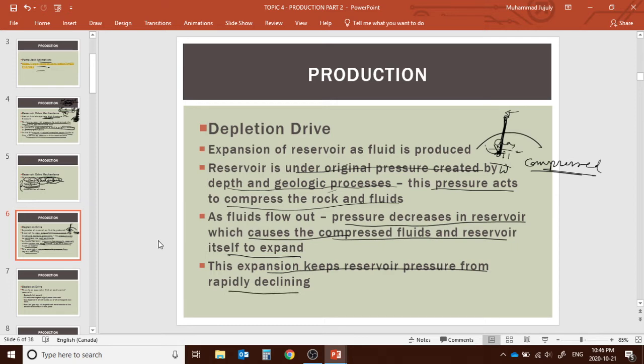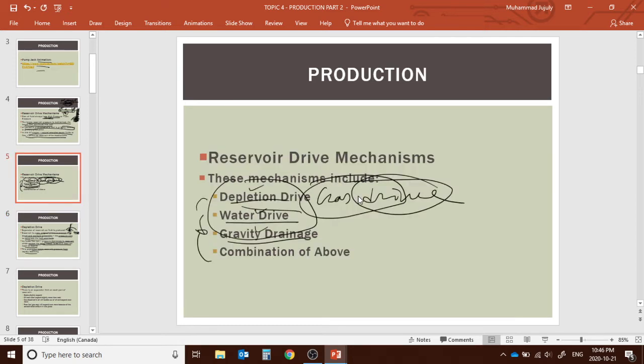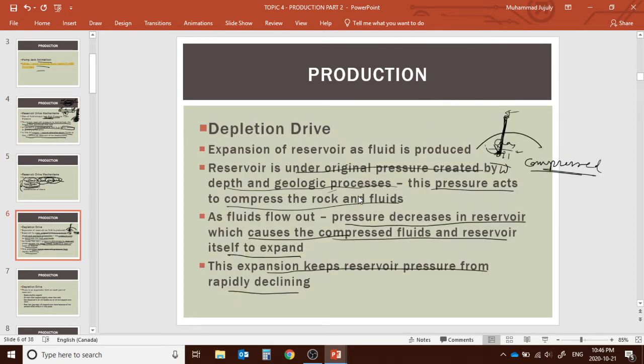Now here is the thing, oil, gas and water all expand, including the rock. But what our logic says, and we know, is that the compressibility of gas is way higher than oil, water, and of course the rock.